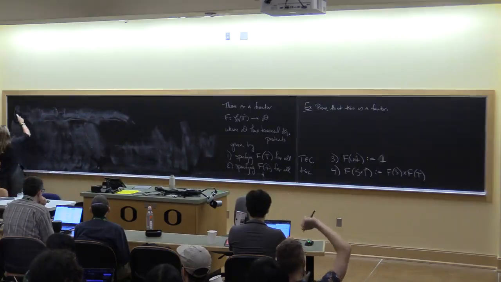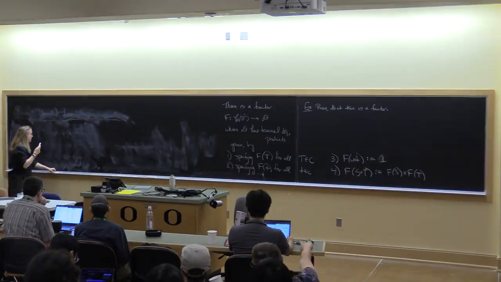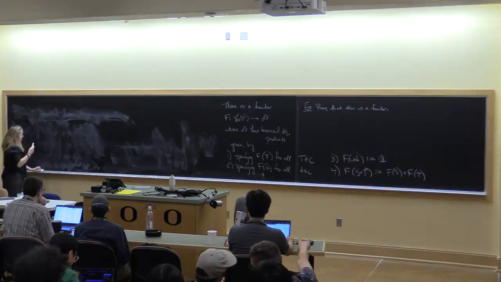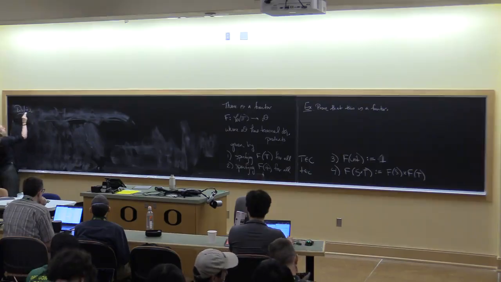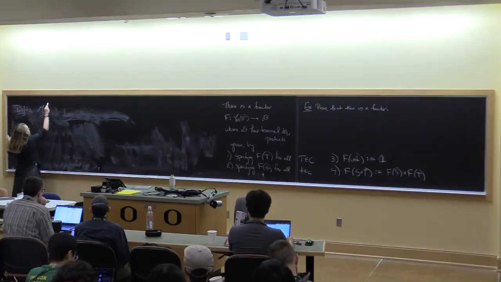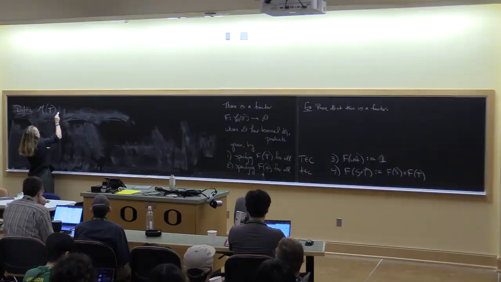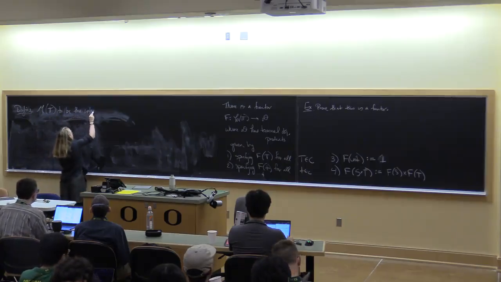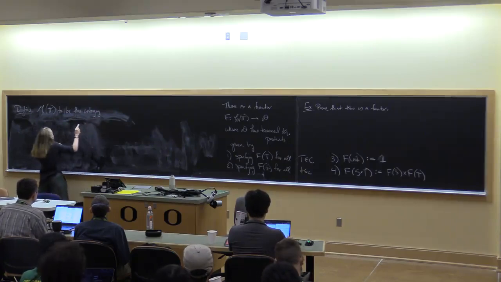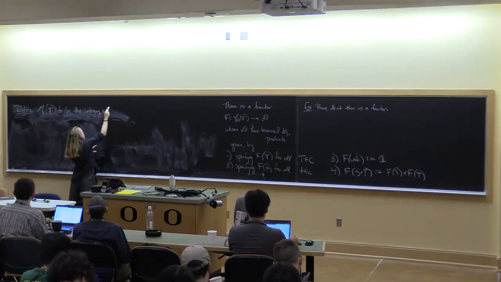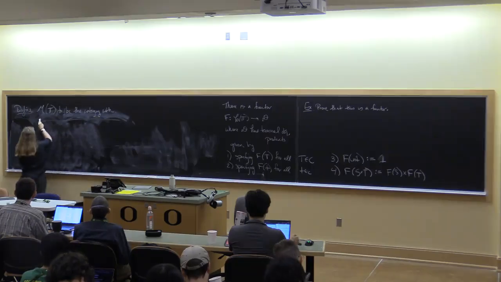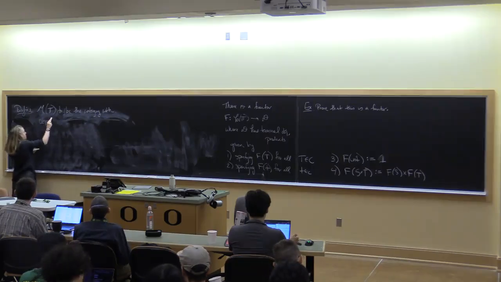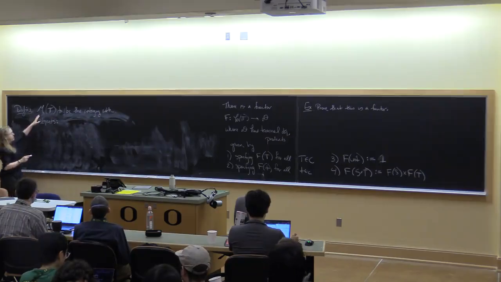Okay, so now I want to define a new guy. Let's call it M of T, where M is supposed to stand for models.